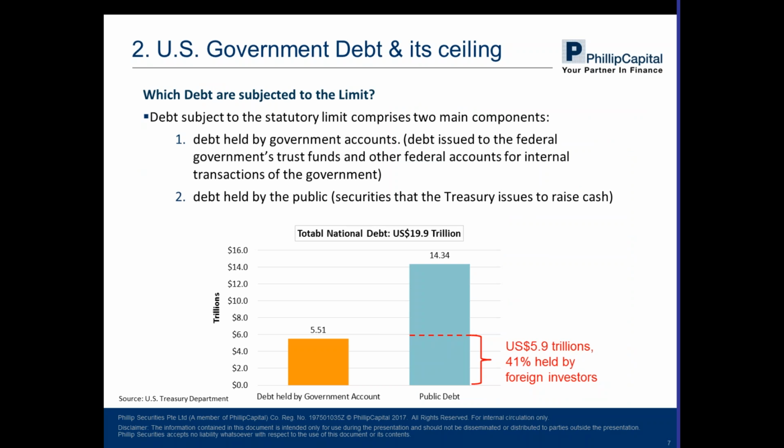Besides the debt held by government accounts, which are your federal, state, government trust funds, and other local governments, a huge part of this, as you can see in the graph, is 14.3 trillion of US Treasuries issued by the US Treasury themselves. And we note that among these 14.3 trillion, 5.9 trillion is held by foreign investors.